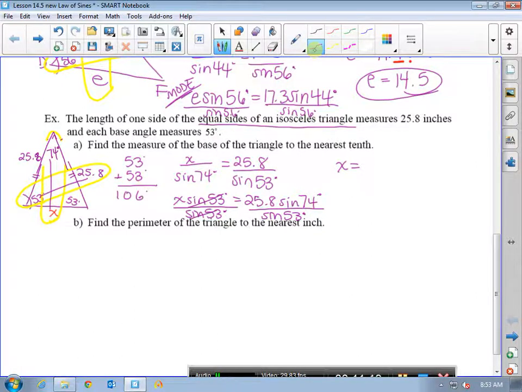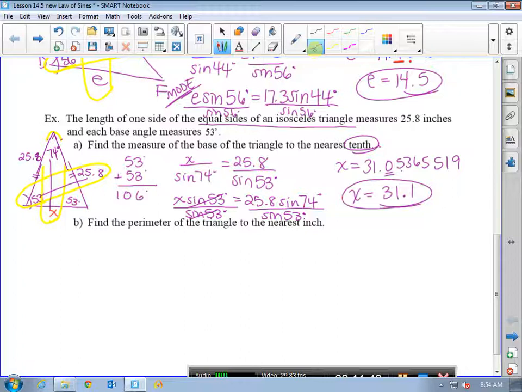Let me try that again. 25.8 times the sine of 74 divided by the sine of 53. That's better. And it shows 31.05365519. To the nearest tenth, always check that rounding when you're finished, to the nearest tenths. This 5 brings it up 1.